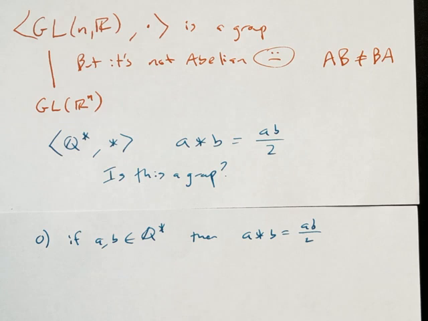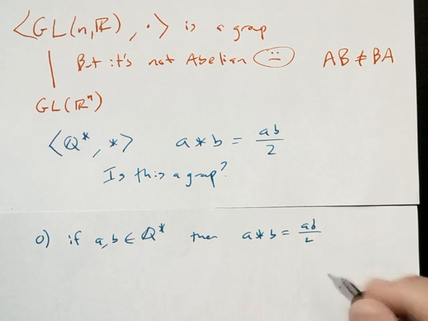Well, when you multiply fractions, you get another number that's a fraction. When you divide by 2, you put a 2 on the bottom of your fraction. That's all still a fraction. So it's definitely rational. Why do I know it's not 0? Aha! Neither A nor B are 0, so their product can't be 0. Perfect.